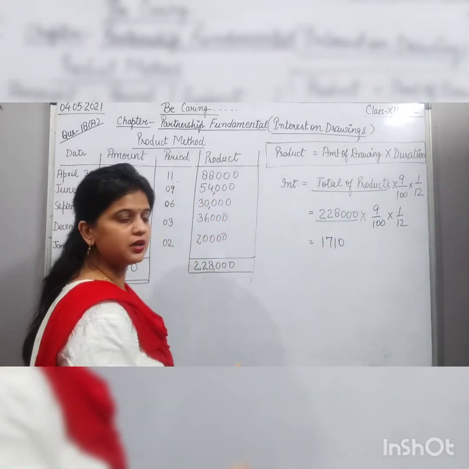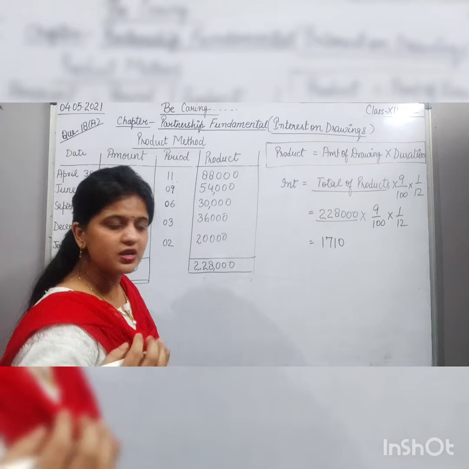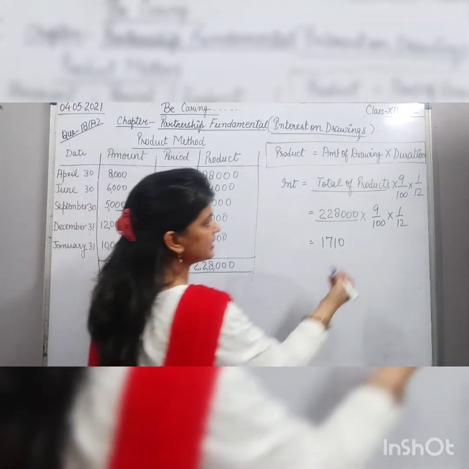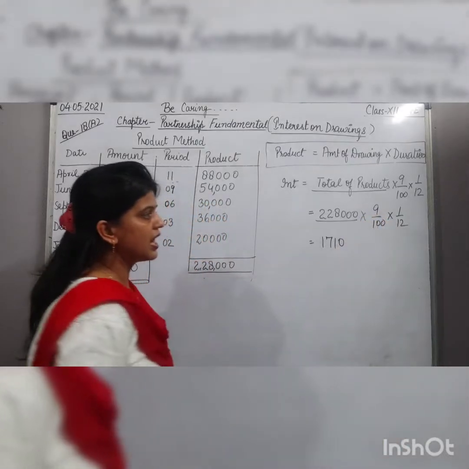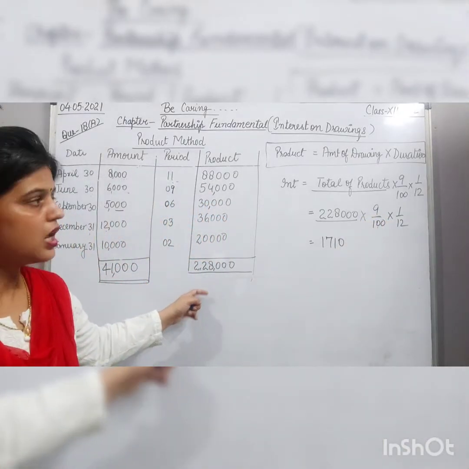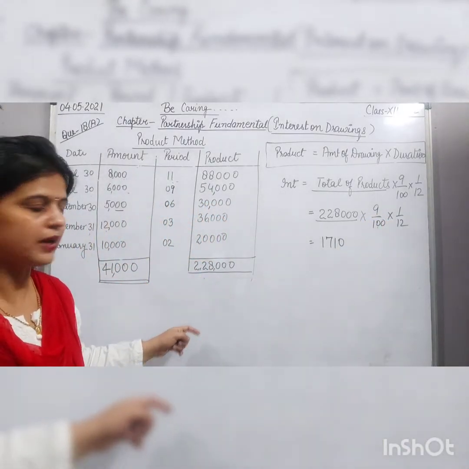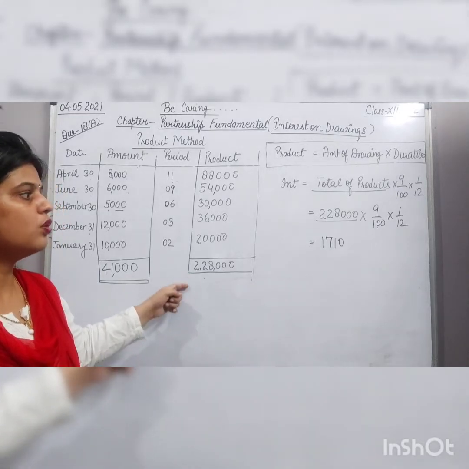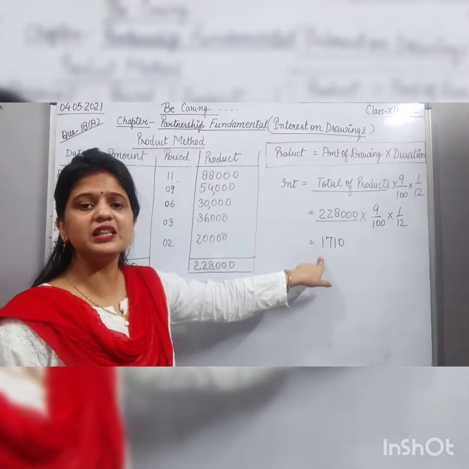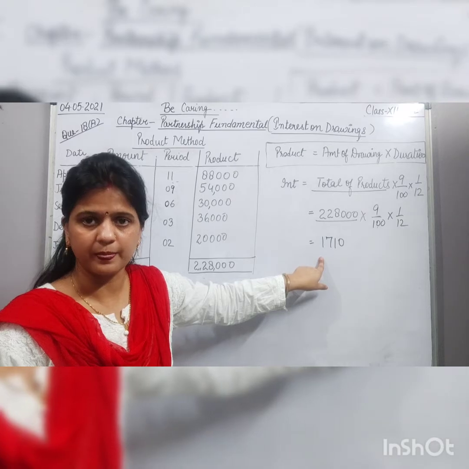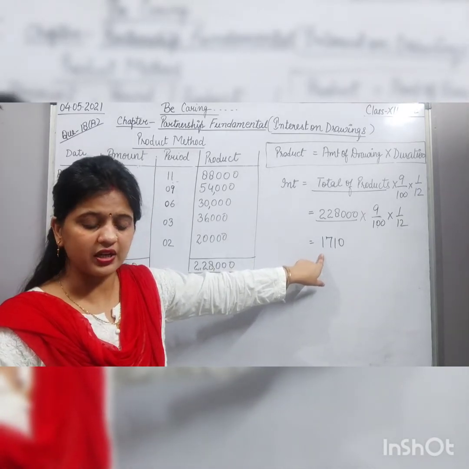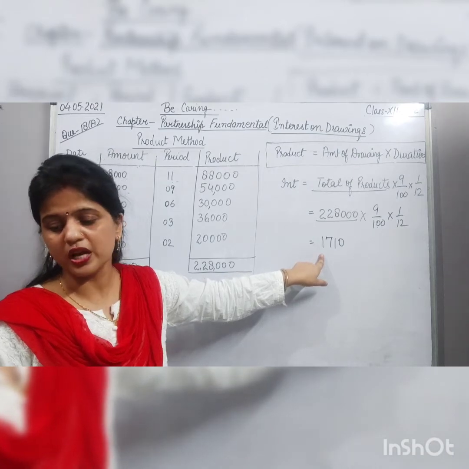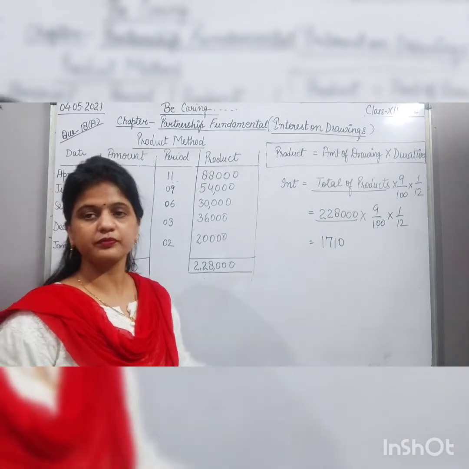We have written it over here, and then the rate of interest is given as 9%, so 9 by 100, and then 1 by 12. So we will get 1,710. That will be the interest on drawing.